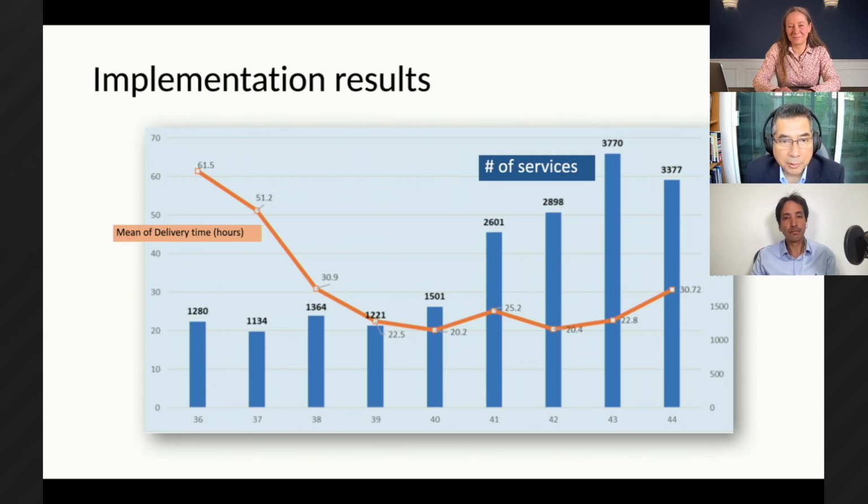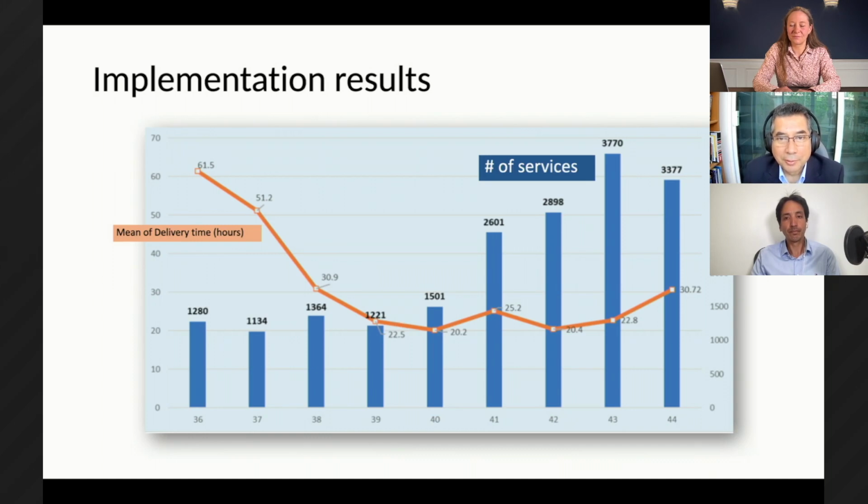Yeah. So the first 3 weeks we worked on training, and we could reduce the delivery time, but we still have the regular load. So the real challenge was when we had an increase in the demand of the number of services that you see in the last bars.